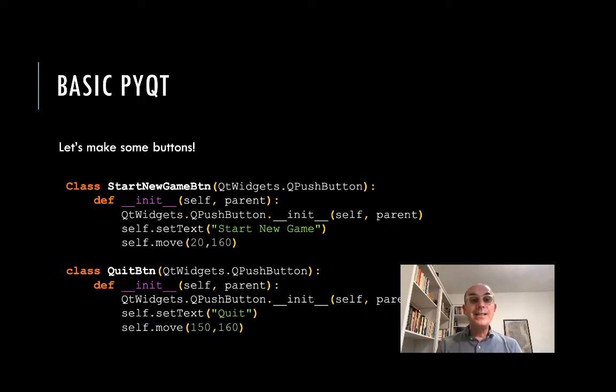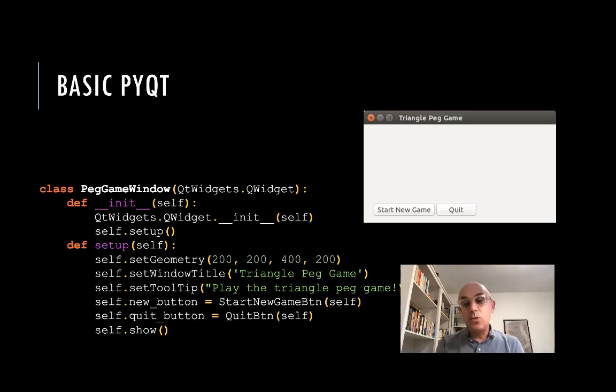The class is start new game, and I will define it, and the idea is self move and 20 by 160. I will get another button, quit, and I will show you what it will entail: start and quit, and it will be more interactive when the users see it.